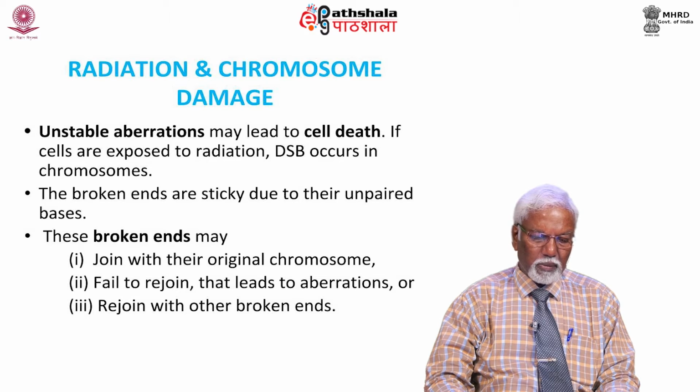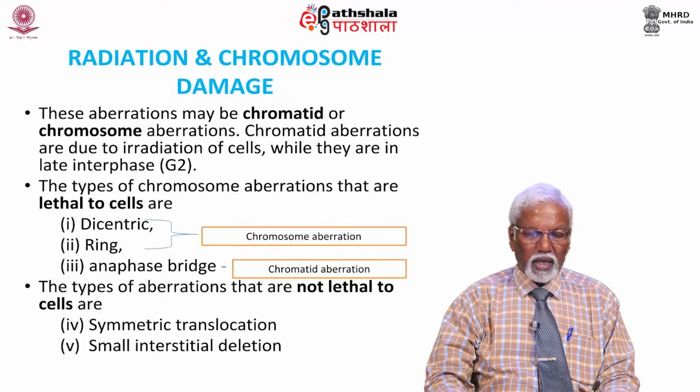These broken ends may join with their original chromosome, fail to rejoin, which leads to aberrations, or rejoin with other broken ends. These aberrations may be chromatid or chromosome aberrations. Chromatid aberrations are due to irradiation of cells while they are in late interphase.